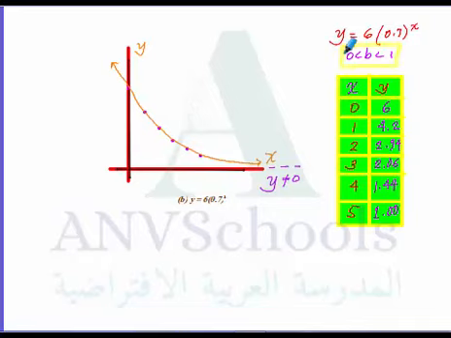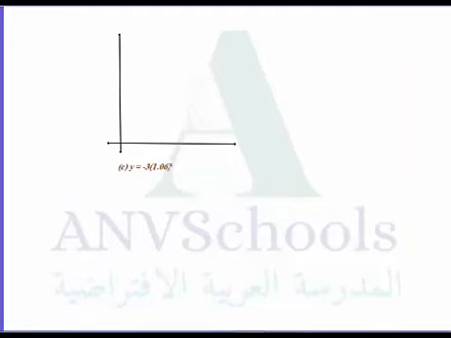What about when our b is greater than 1, but our a is less than 0? As I've said a while ago, your a also affects the graph of the specific exponential function.